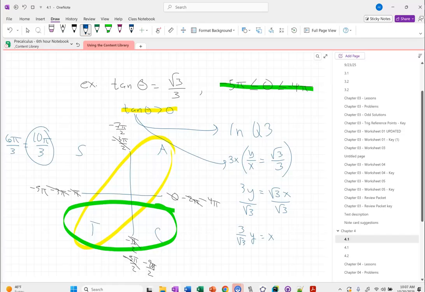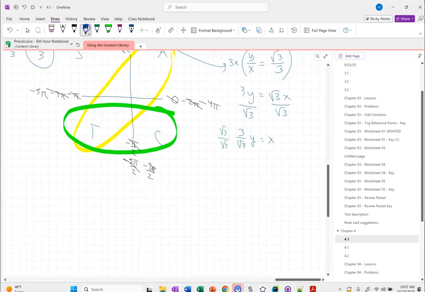Now, how do I reduce 3 divided by root 3? Oh, you mean top and bottom? You want to rationalize that? Yeah, okay, we can do it that way. So I have 3 root 3 over 3, right?